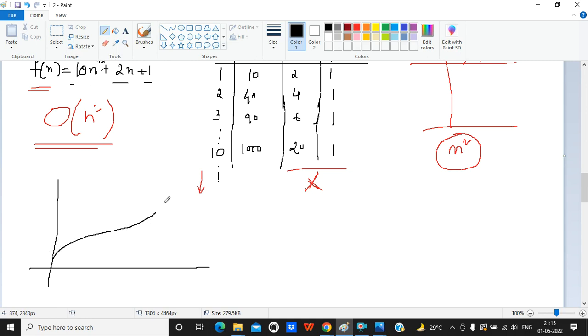This is your f1n, that is one algorithm. You have a problem, and for that problem you have been proposed 3 algorithms. If you plot the first algorithm, it will give you this graph. For the next algorithm you are getting this graph.